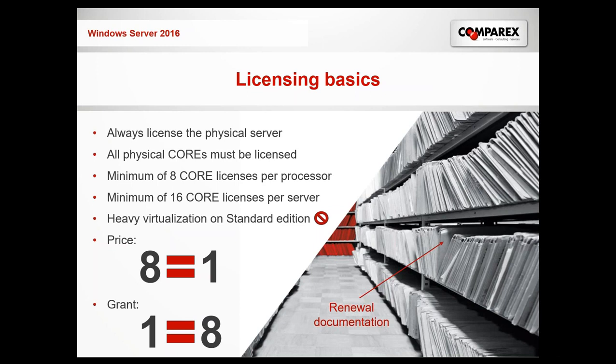So you can see that you actually get 8 cores per processor, and that Microsoft has actually priced the cores accordingly to the processor licenses, 8 cores per processor when you renew your software assurance. That'll be the same price. If you have more than 8 cores in a processor, you'll have to, of course, license the amount of cores that you have. But the minimum 8 cores is pretty important to remember, and minimum 16 cores per server.